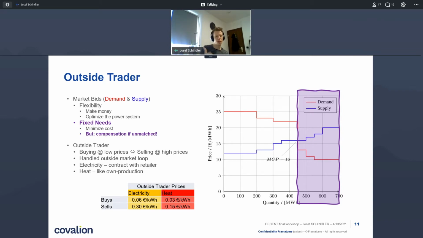For example, the electricity would be in real life the contract with your retailer, and the heat outside trader is more like an own production. So if you really need the heat, you would then produce it on your own, but for a rather high cost, for example, here 15 cents per kilowatt hour.